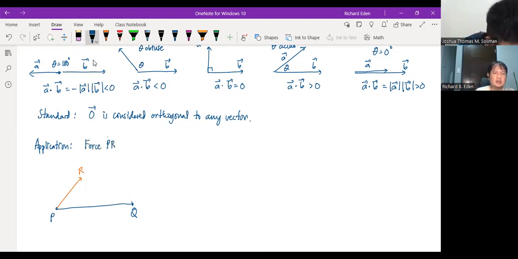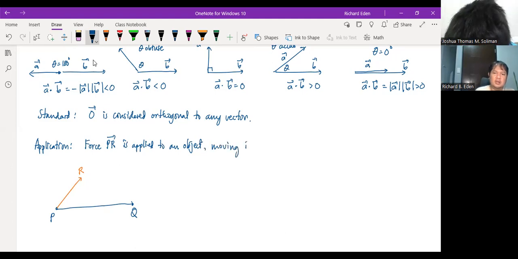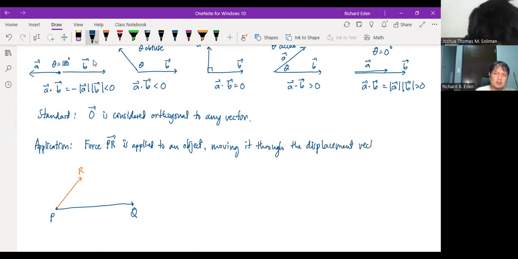Force PR is applied to an object, moving it through the displacement vector PQ. Find the work done. So compute the amount of work.